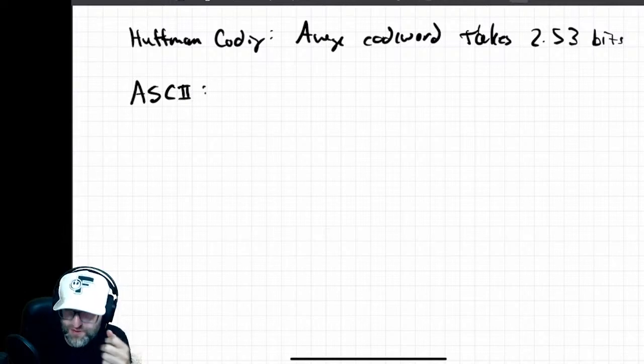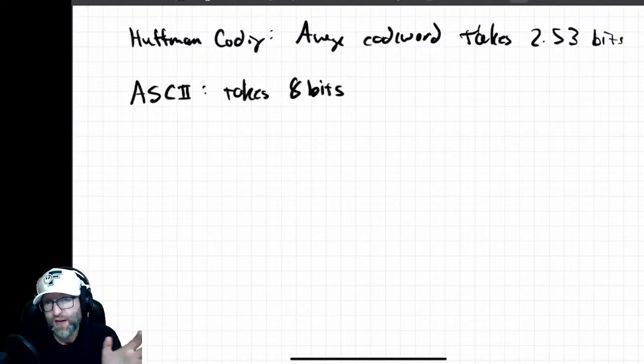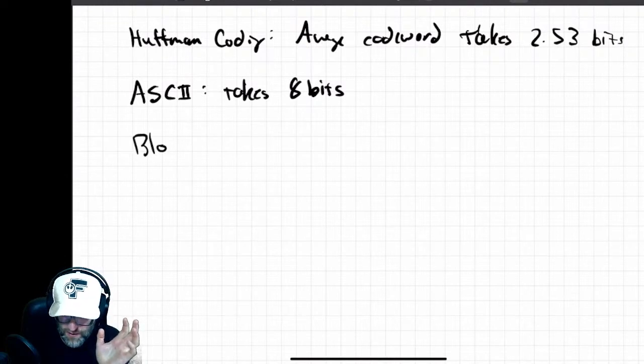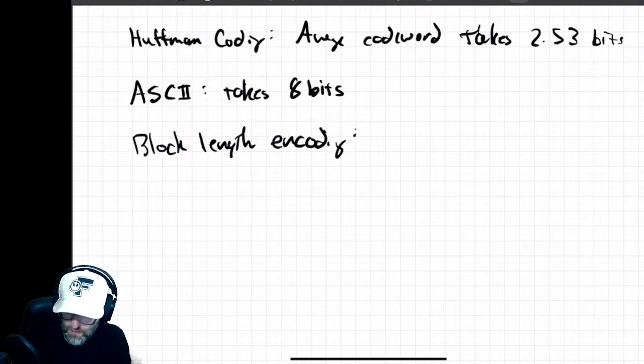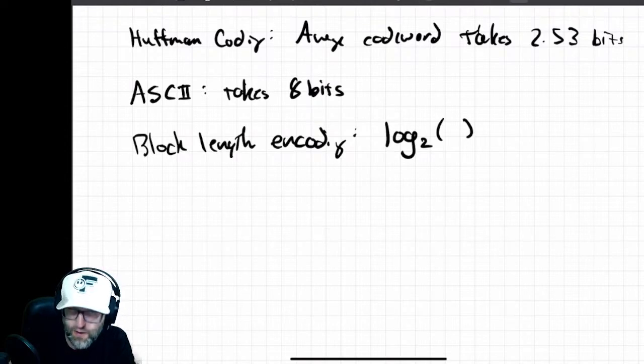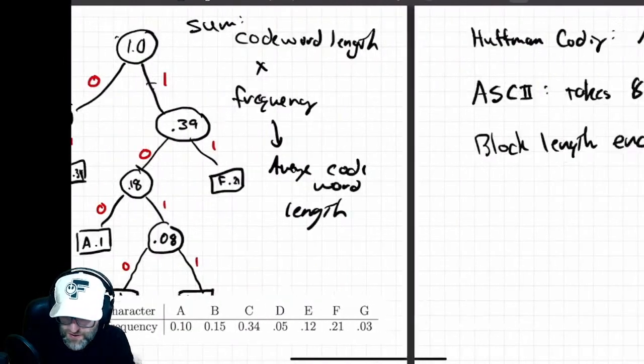With ASCII, the average is fixed, right? It takes 8 bits. But if we were to be smart about this and not use ASCII and use a block length encoding, then it would take log base 2 of however many symbols were in our alphabet. In this case, we had A through G, which is 7 symbols.